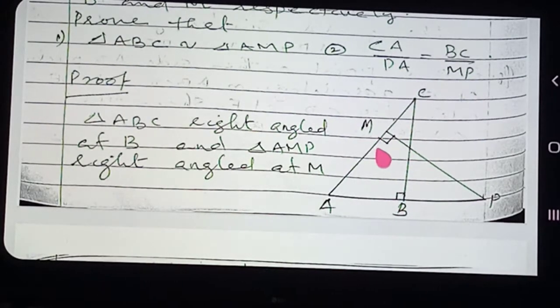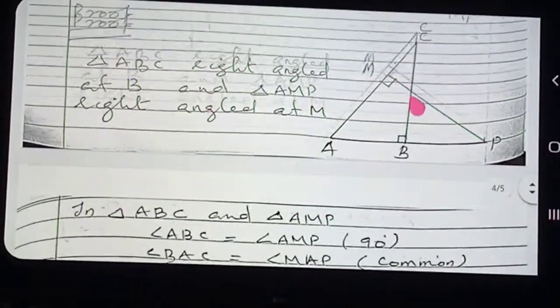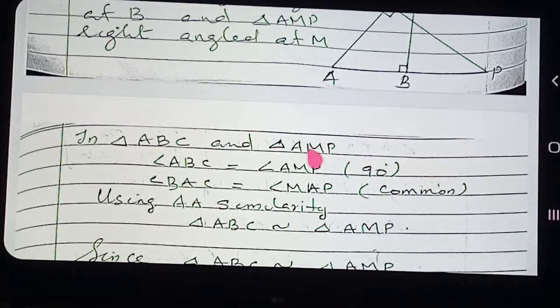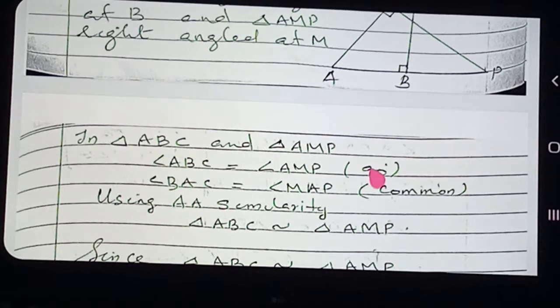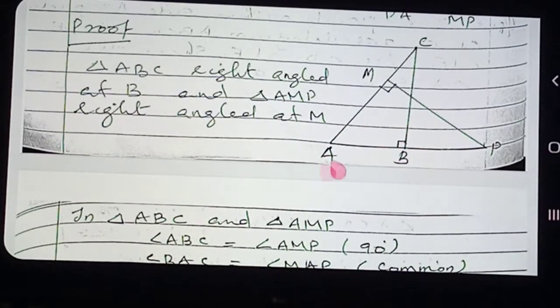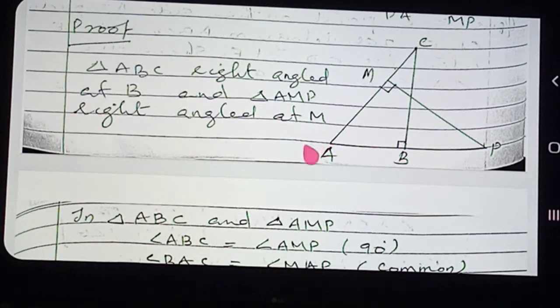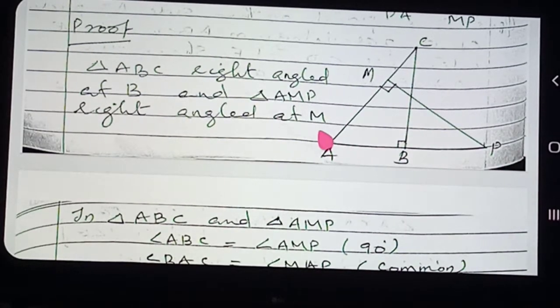So two pairs of corresponding angles are equal, got it? Angle BAC and angle MAP, what is the common angle? I already explained in the diagram. Angle BAC and angle MAP, A is the common angle, therefore they are equal.